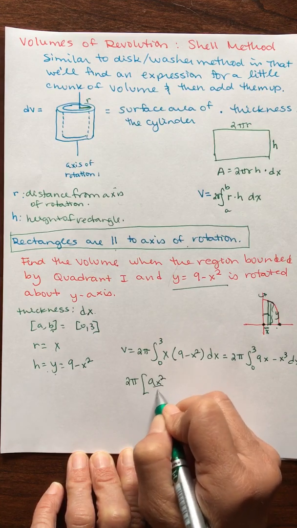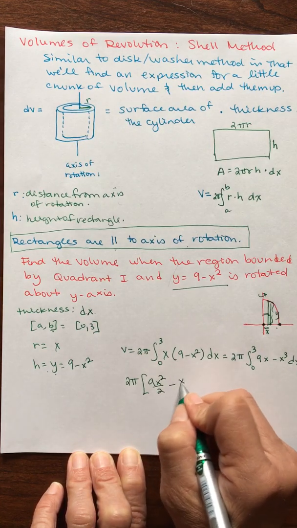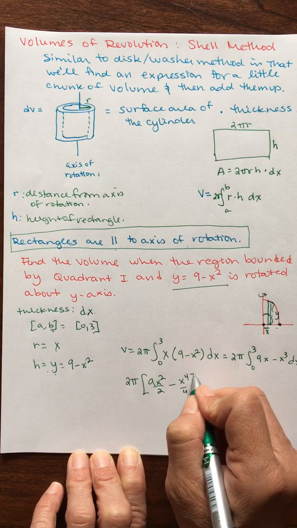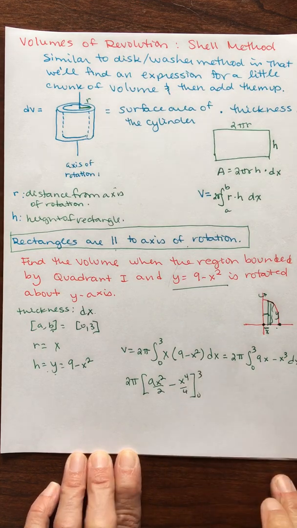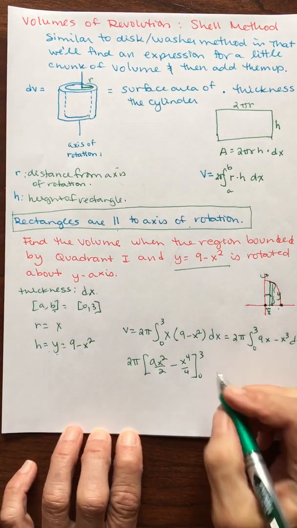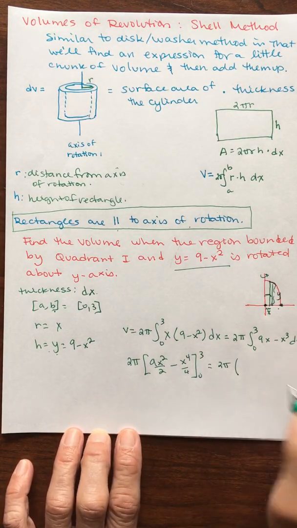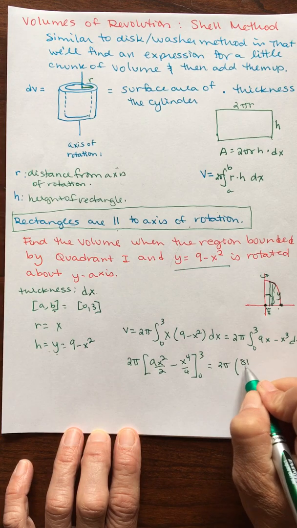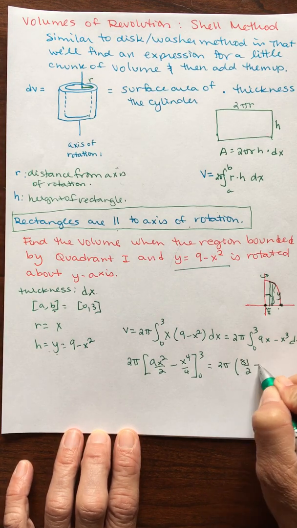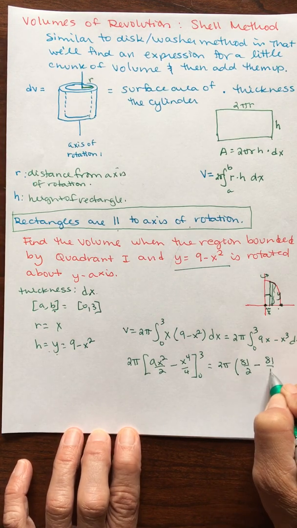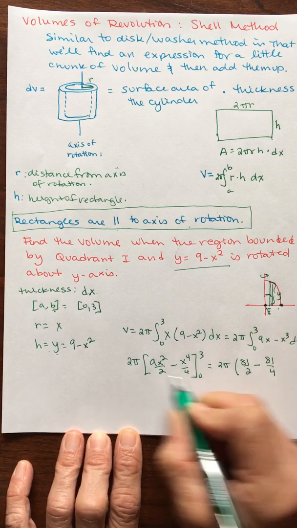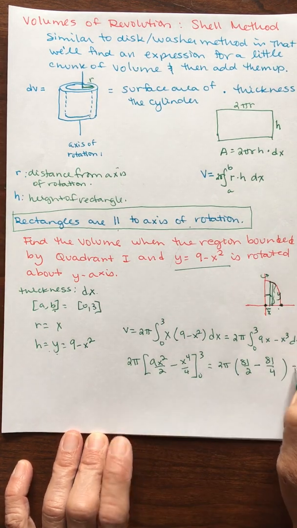So 9x squared over 2 minus x to the 4th over 4 between 0 and 3. That will be 2 pi times 81 halves minus 81 fourths minus 0. The 0 goes away, so I don't need that.